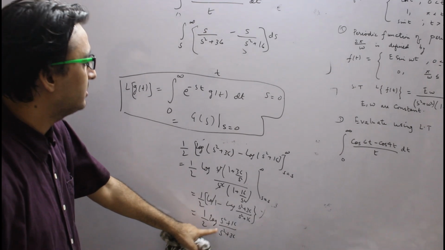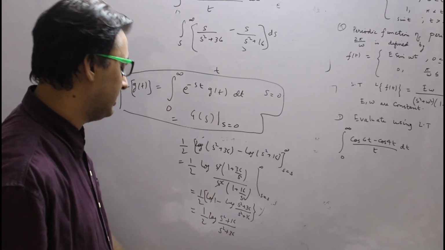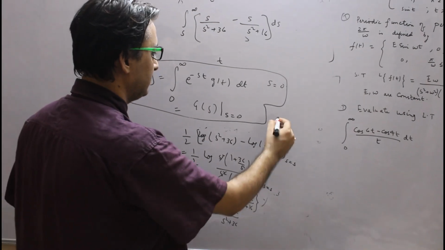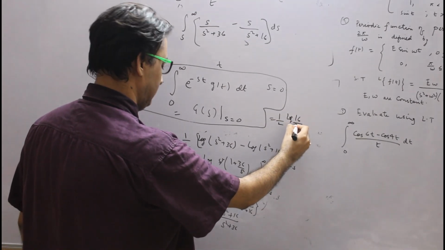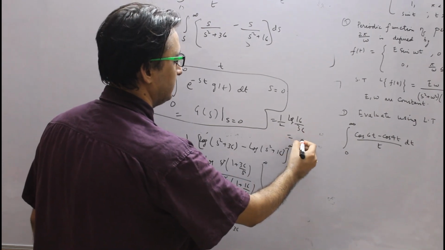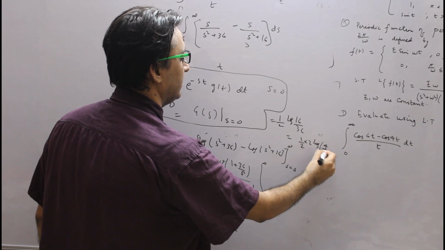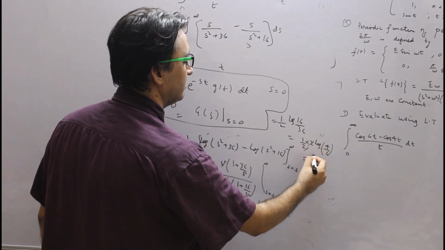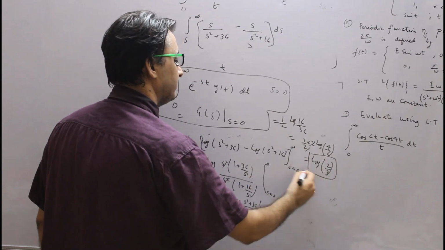So if we put here s is equal to 0, as we have said in the start, we will get our answer. So answer is half of log 16 by 36. So we can write it like this, 2 times log of 4 by 6. This gets cancelled, and log of 2 by 3. So this is the answer.